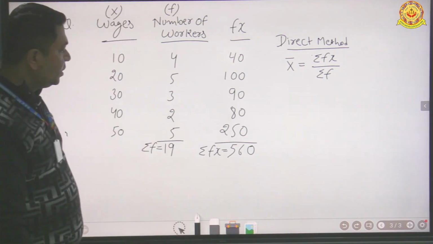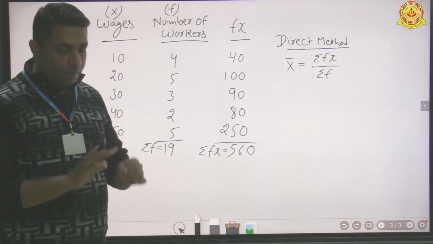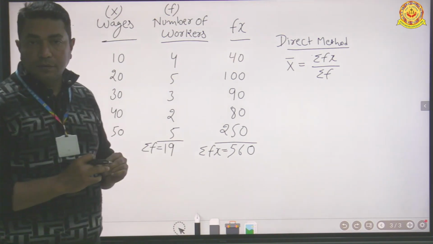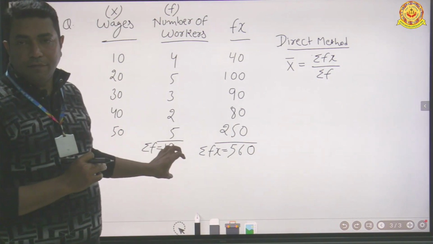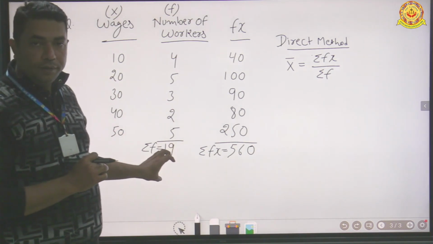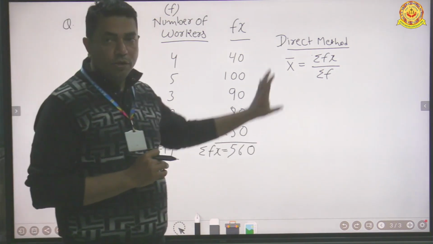We need to multiply them to get the value of sigma fx. Now, sigma fx is 560 and sigma f is 19. It means we are conducting the study for 19 workers. Now simply put these values in the formula.